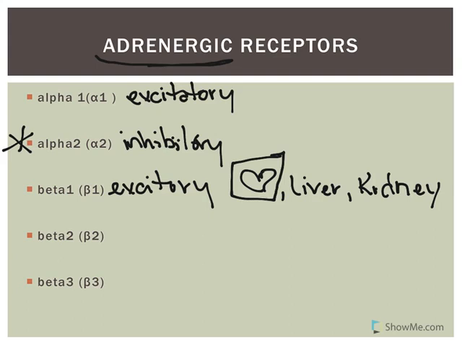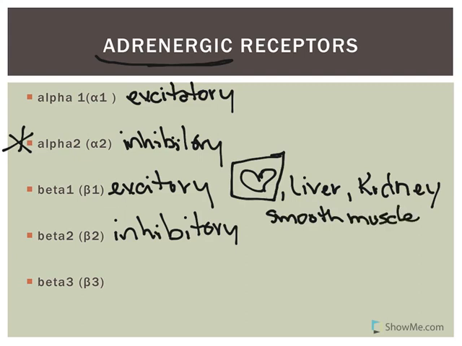The beta 2 adrenergic receptors are inhibitory. These receptors are going to be located within smooth muscle of vessels of the heart and skeletal muscle. So blood vessels that serve the heart and skeletal muscle.